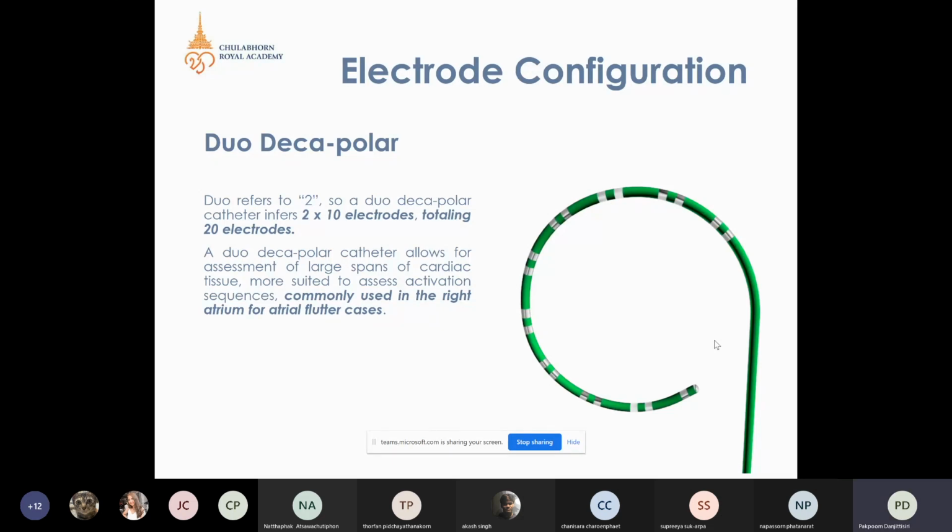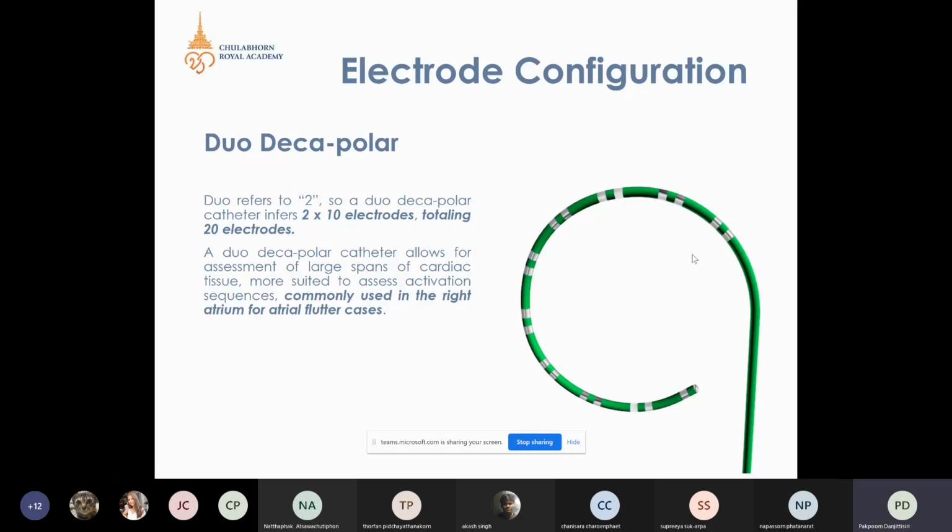The dual decapolar has 20 electrodes on the catheter. This catheter allows for assessment of large spans of cardiac tissue because the catheter is quite large, so it can be placed to cover quite a large area within the heart.